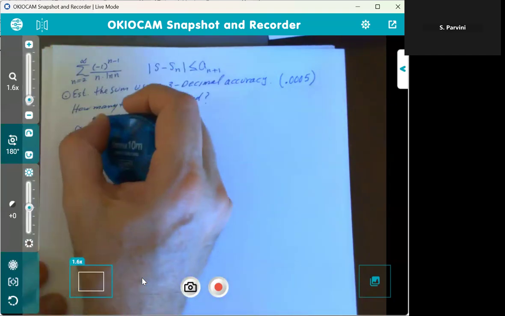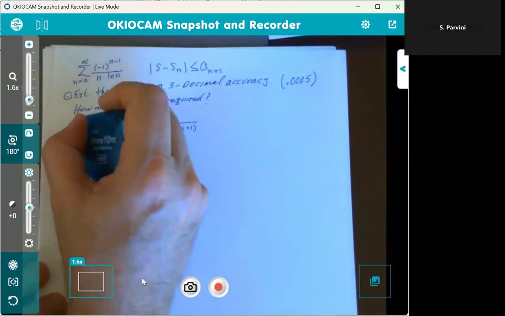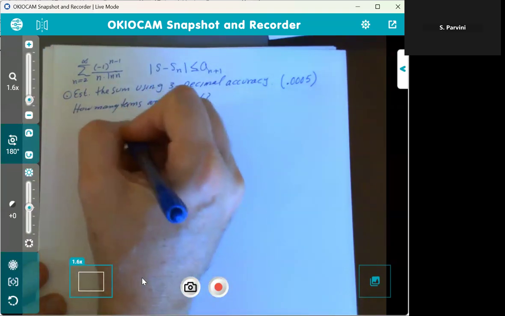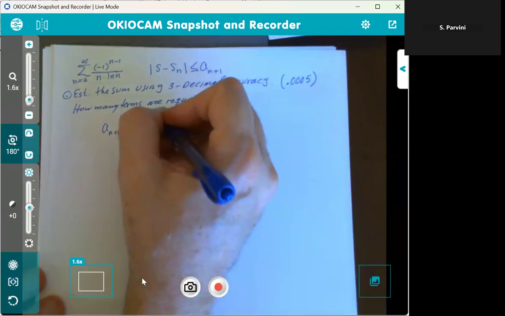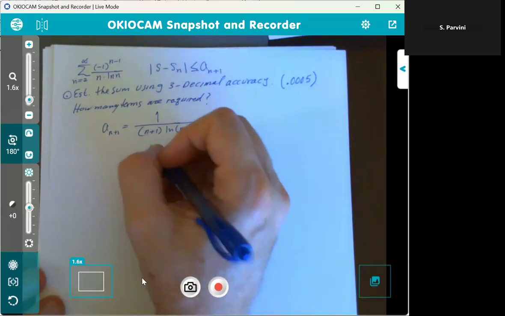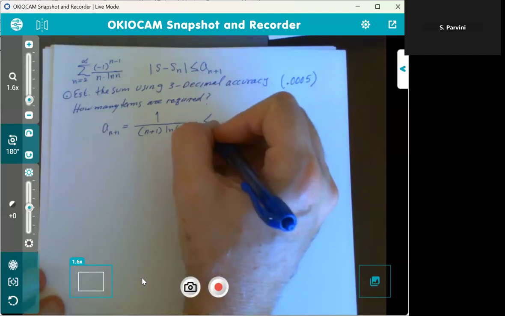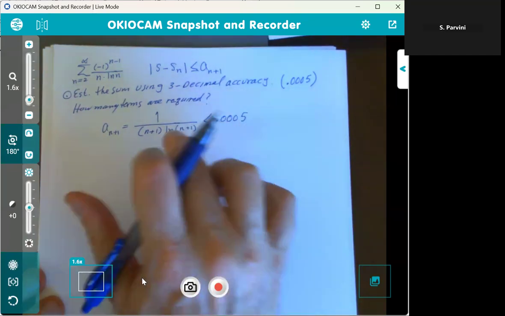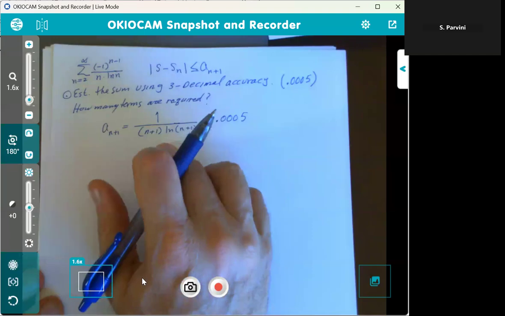And let me actually stay with the notation. This is a sub n plus 1. All right. Now, we want this to be less than or equal to 0.0005. This is the error, the error term, if you will.